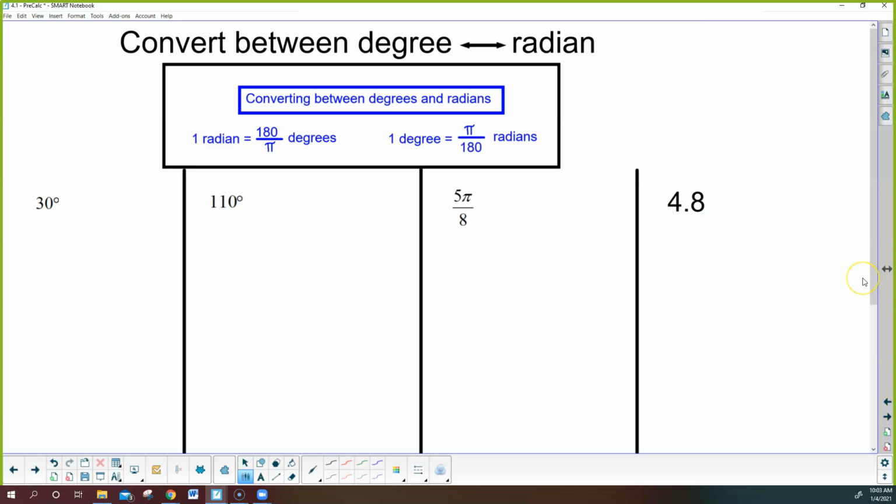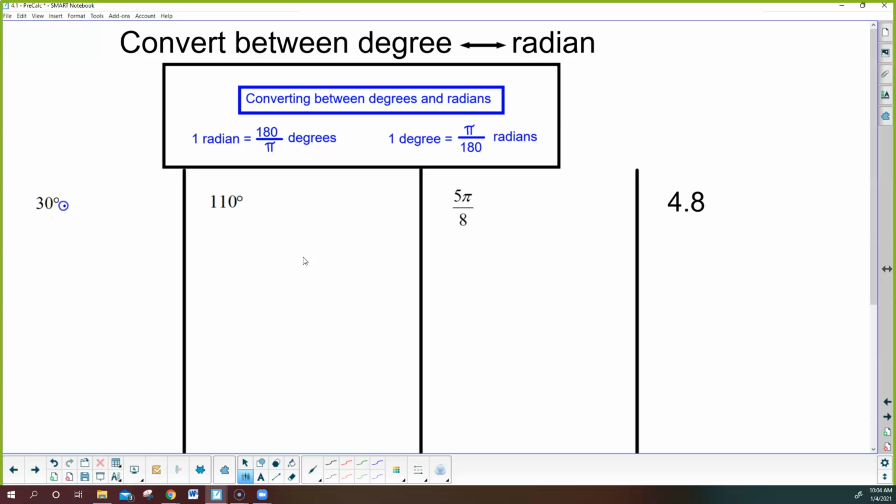All right, so let's work through this piece right here. How do I want to take the 30 degrees and turn it into radians? So I want to look and see, well, what is each degree equal to? Each degree is equal to pi over 180 radians.